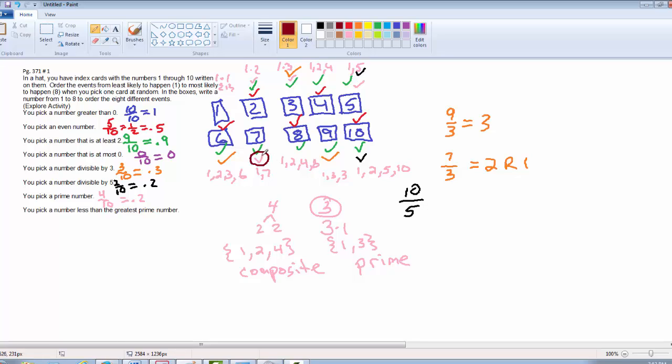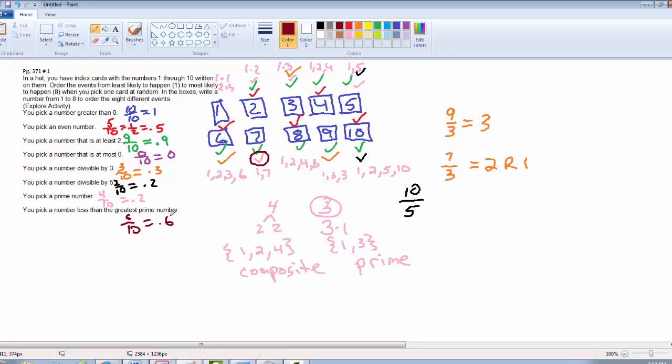Okay, so it was the 7, because this was our greatest possible prime. So you pick a number less than it, so it's going to be 1, 2, 3, 4, 5, and 6. So that's going to be 6 out of 10. So that's going to be 0.6.